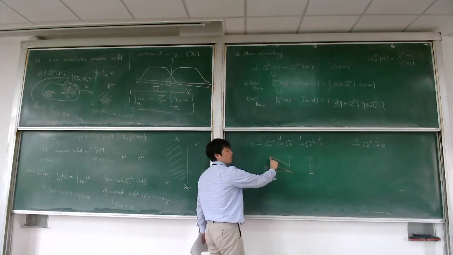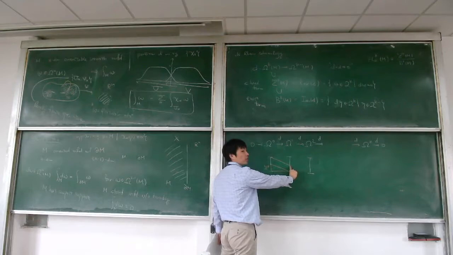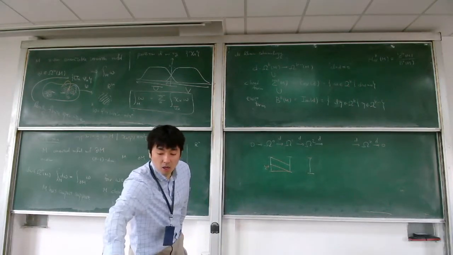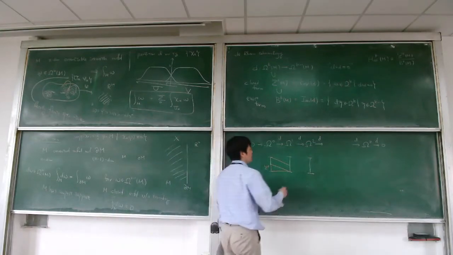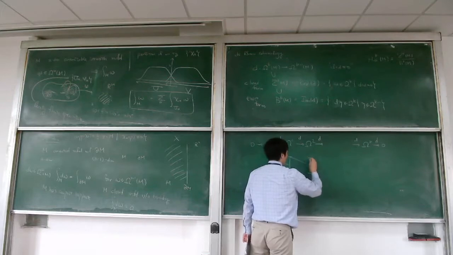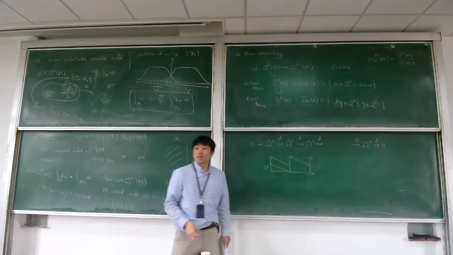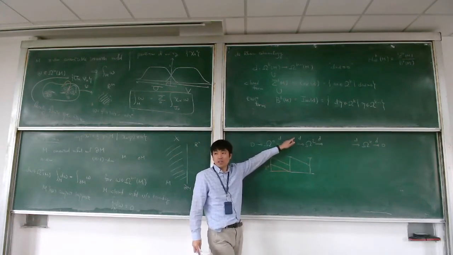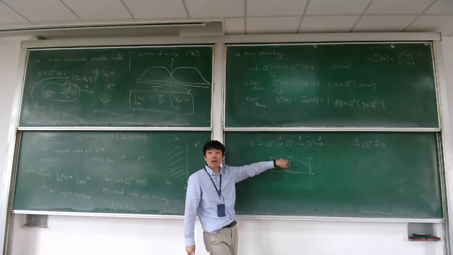Some of the forms just map to some non-trivial element in omega 1. Okay? And now we apply the same thing to the exterior derivative on omega 1.